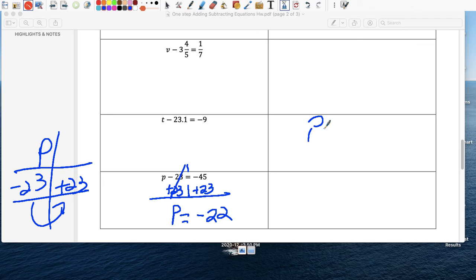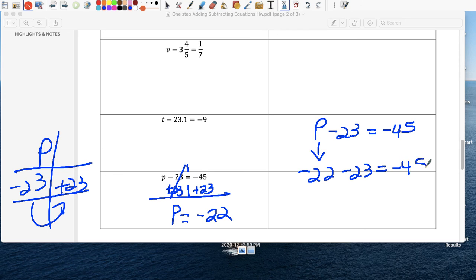Check. The original equation is P minus 23 equals negative 45. So substitute. Change the P with negative 22, minus 23 equals negative 45. Negative 22 and negative 23 equals negative 45, which equals negative 45 on that side.